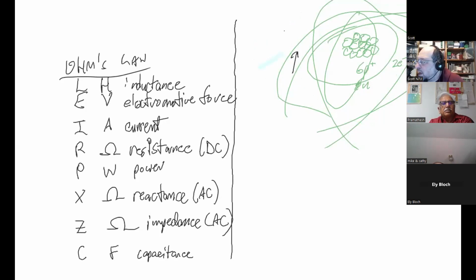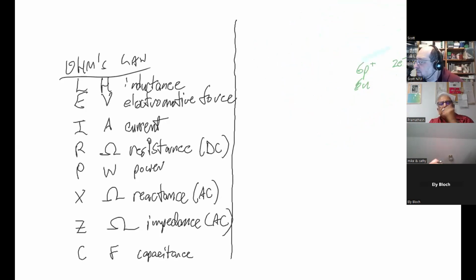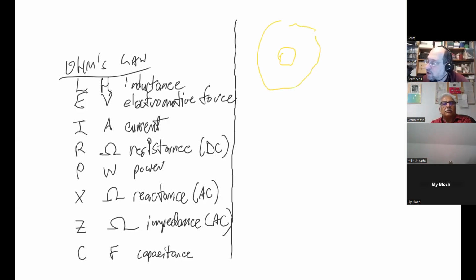And if we have a metal, let's draw, for instance, copper. I'm not going to draw the whole copper atom because it's got a lot of electrons and a lot of protons. But what we're going to do is have a nucleus, and then a couple of electrons that are kind of loose.